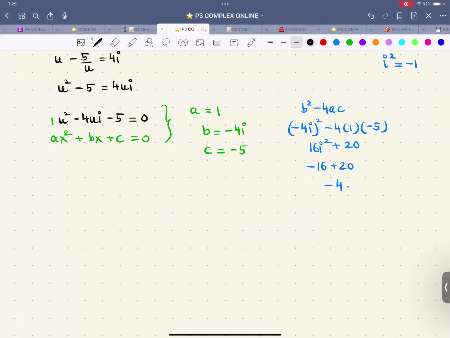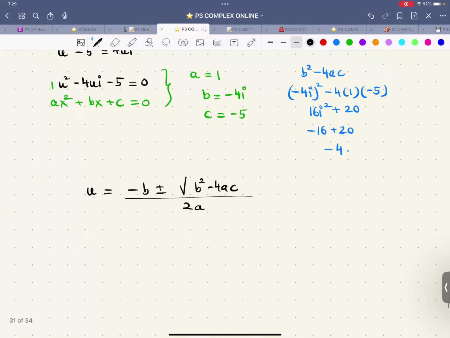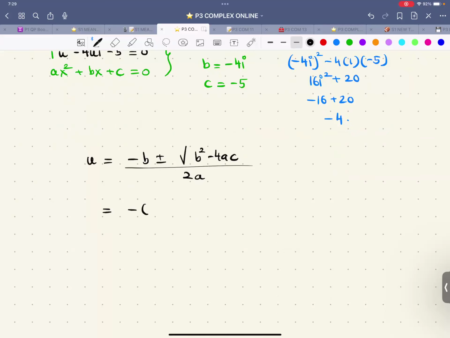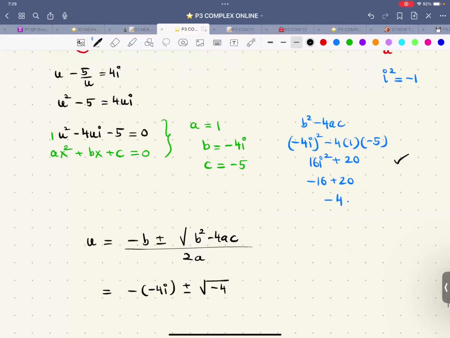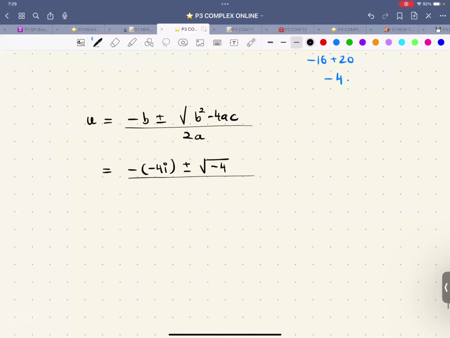Now, let's write down the formula. U equals minus b plus minus the square root of b squared minus 4ac, the whole thing over 2a. So this is minus negative 4i, plus minus the square root of negative 4. I like to do it separately, since I'm a minimalist.